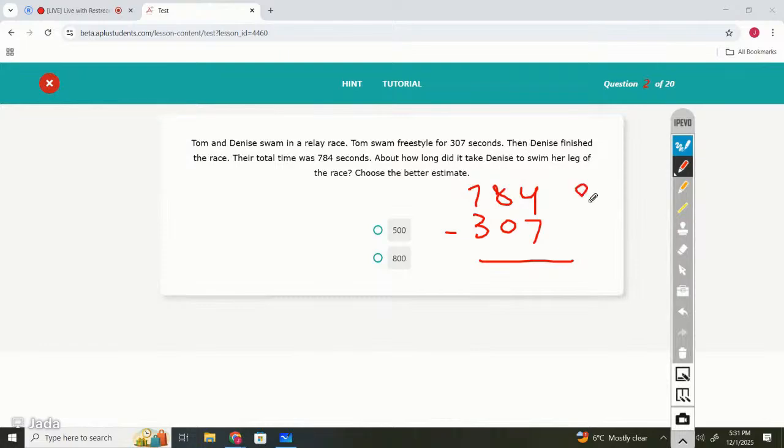So 784 is rounded to 800 and 307 is rounded to 300. So the correct option is 500. Option number 1 is the correct option.